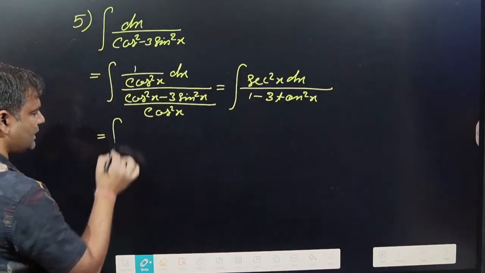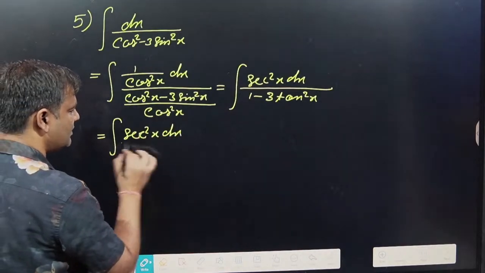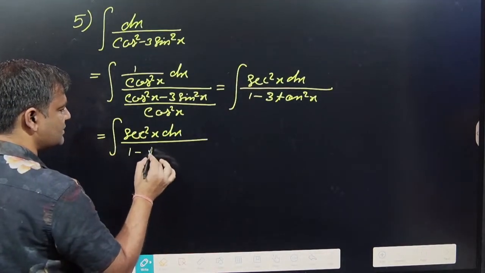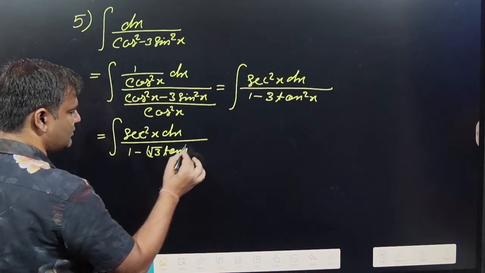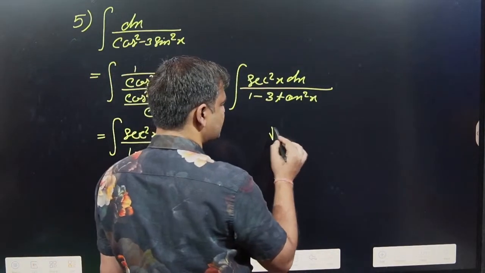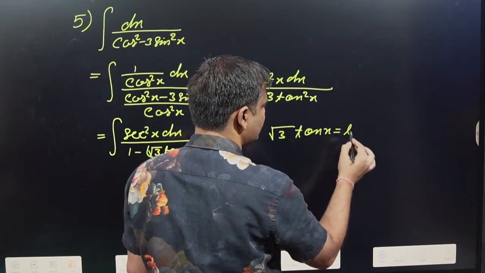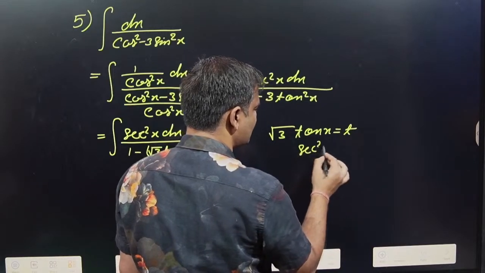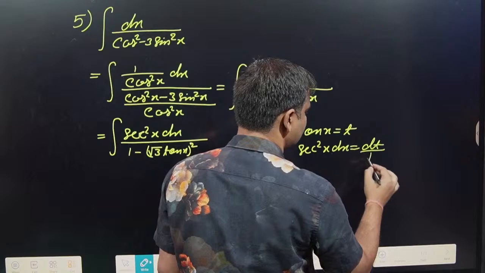Now the integration of sec square x dx divided by 1 minus (root 3 tan x) to the whole square. Let root 3 tan x equal t, so sec square x dx equals dt by root 3.